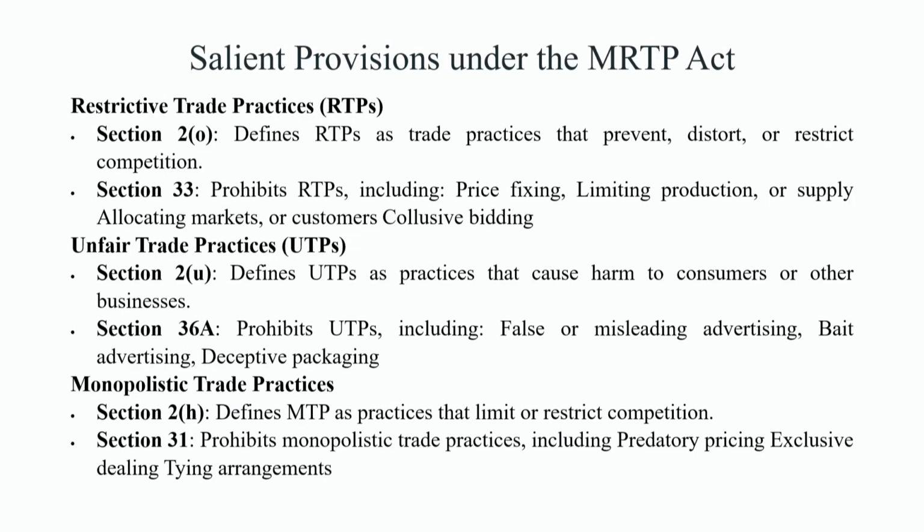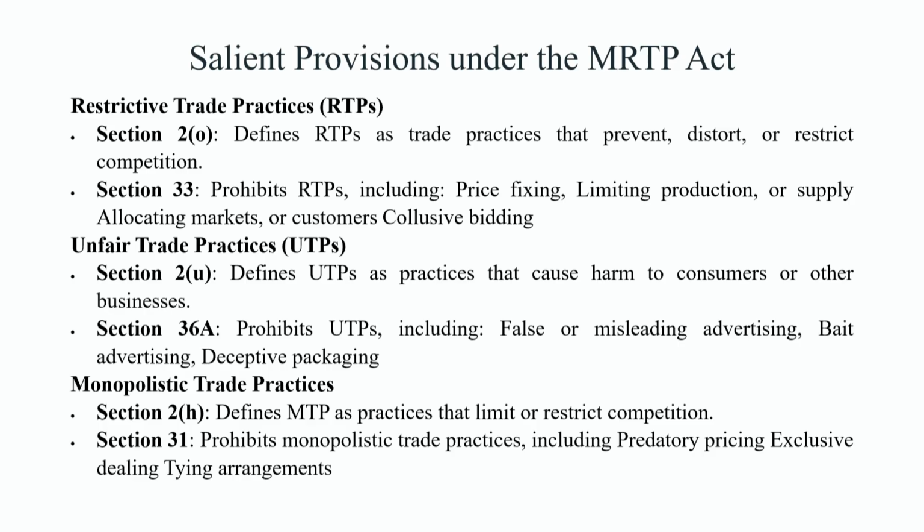If you go with the salient features of the MRTP Act, there are three important terms we have been discussing since the first module: restrictive trade practices, unfair trade practices, and monopolistic trade practices. These were in the MRTP Act. Restrictive trade practice was defined under section 2 subclause O, which defines restrictive trade practices as trade practices that prevent, distort or restrict competition.